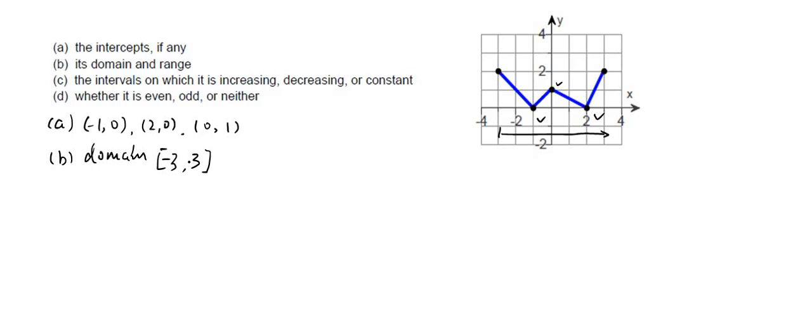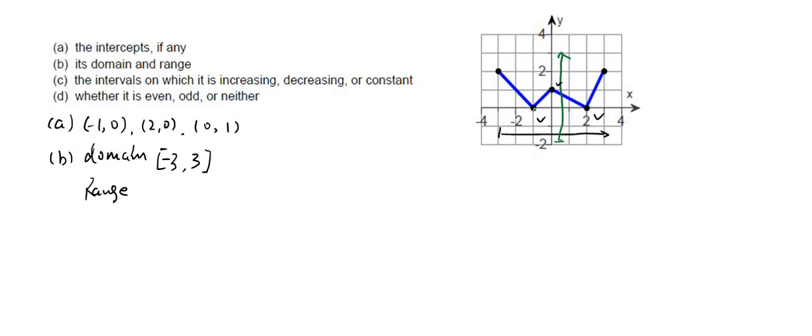Now let's take a look at the range. The range is about y values, so we draw an arrow from downside to upside. We try to find the lowest point.